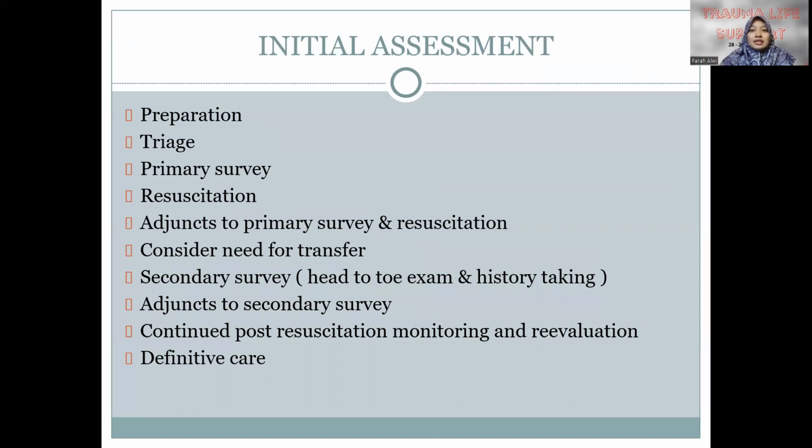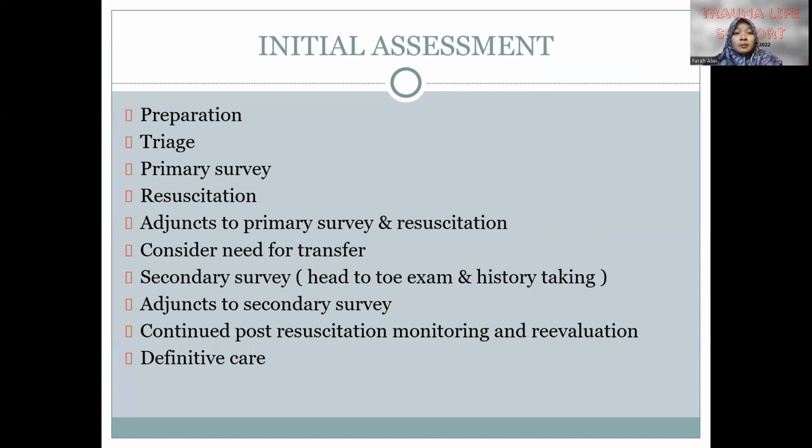Initial assessment. So how to perform initial assessment in a trauma patient? These are the steps. Number one is your preparation: preparation of yourself, your team, your equipments. Triaging patients. Triaging patients is usually done in pre-hospital care, and in hospital setting also, the moment they arrive at the hospital.